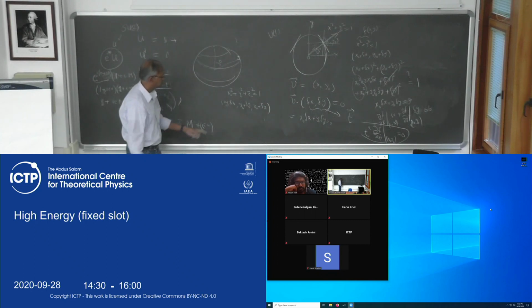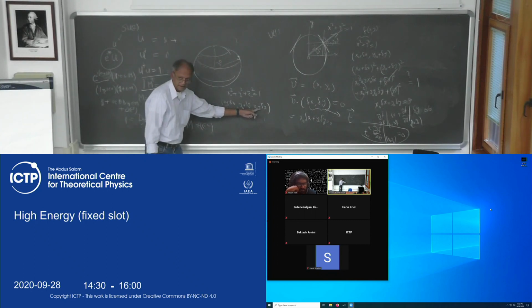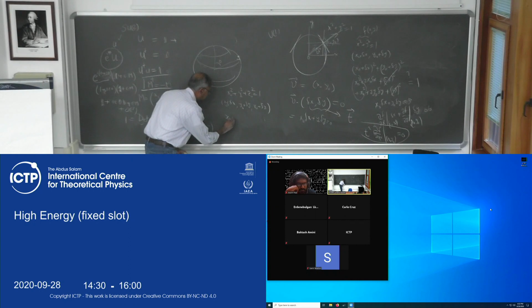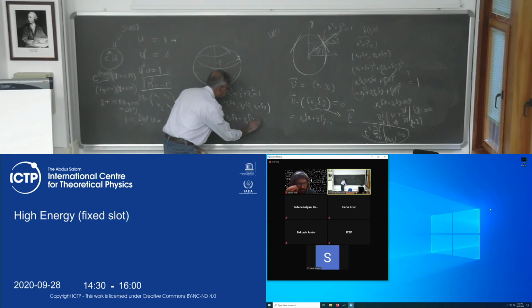And you want to ask the question, what is the condition on delta x, delta y, delta z, such that it is still on the sphere? And what you will find is basically the same thing: x naught delta x plus y naught delta y plus z naught delta z equal to 0.